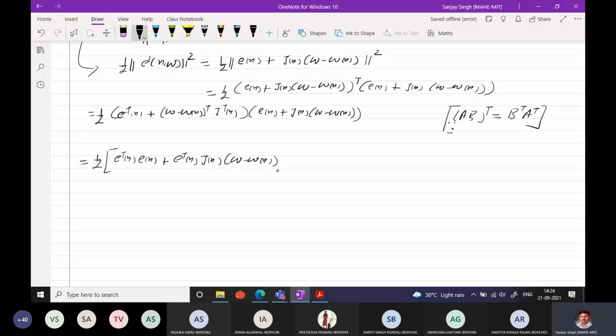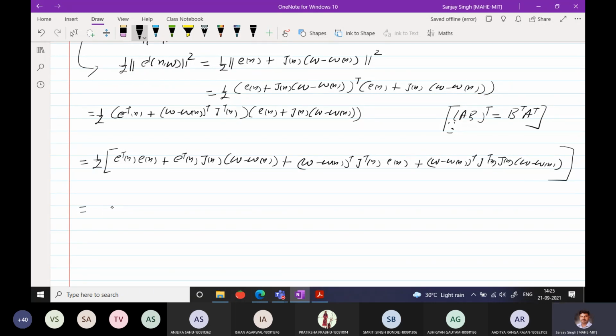Now we'll multiply with this: (W minus W_n)^T J_n^T E_n plus (W minus W_n)^T J_n^T J_n (W minus W_n), and of course I close this square bracket.